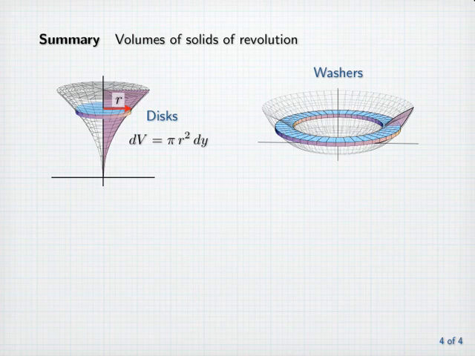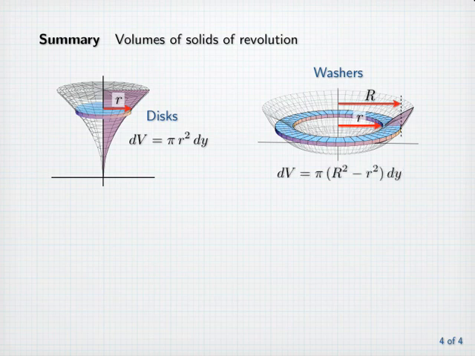To write down dV here, we think of the inner radius, which is the radius of the hole in the washer, and an outer radius, capital R, and write dV as pi times (capital R squared minus little r squared) times dy. Of course, both of these radii must be expressed in terms of the variable y.